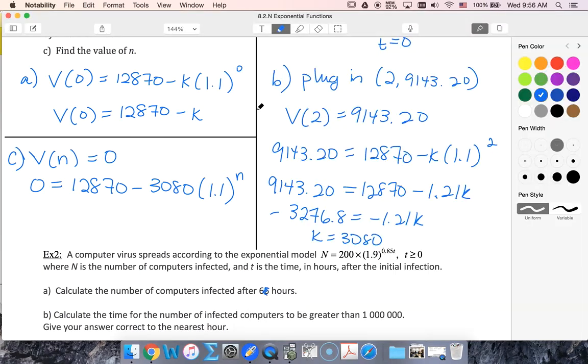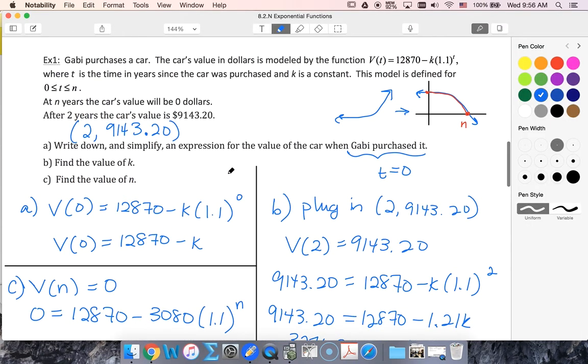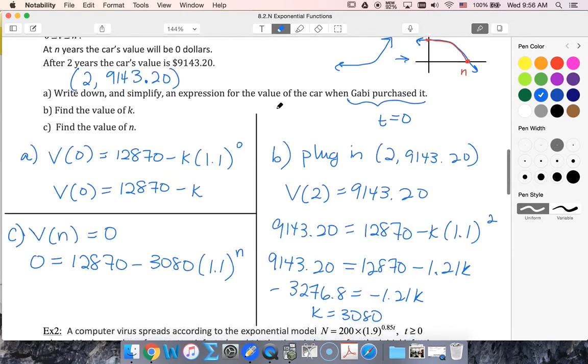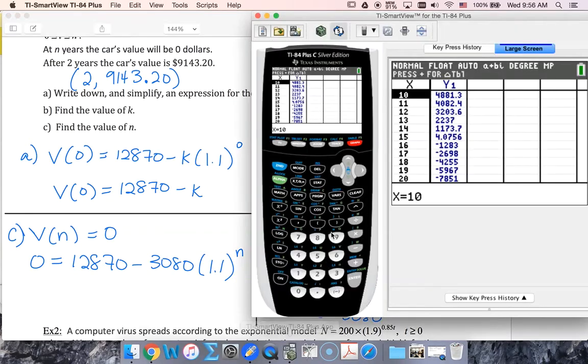So for n, let's go back and read what we're told. We're told that t is the time in years since the car was purchased. At n, the car's value will be $0. So I can say that at 15 years, the value is not yet 0.